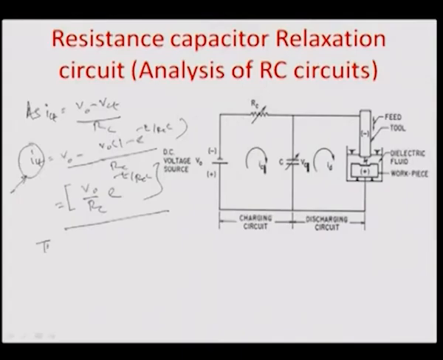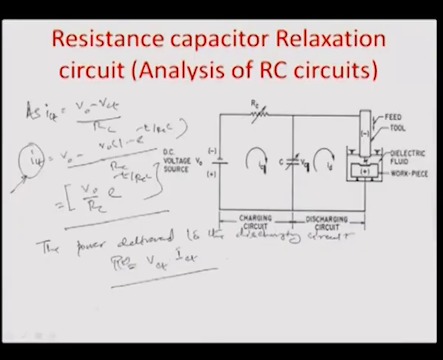So, the power delivered to the discharging circuit is basically Vi, right. Power, as you know, is Vi. So, we can write this as Vc(t) Ic(t). So, this is a function of time, right.